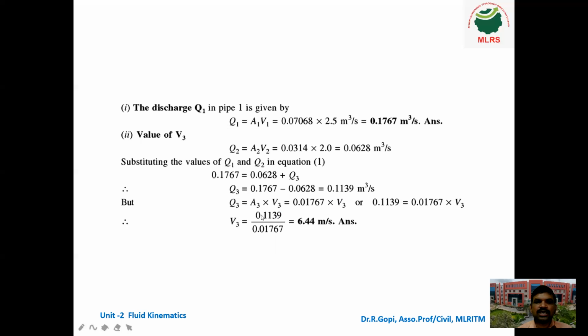V3 is equal to Q3 divided by A3. Q3 is 0.1139 and A3 is equal to 0.01767. So finally we got 6.44 meter per second. So this is our answer.